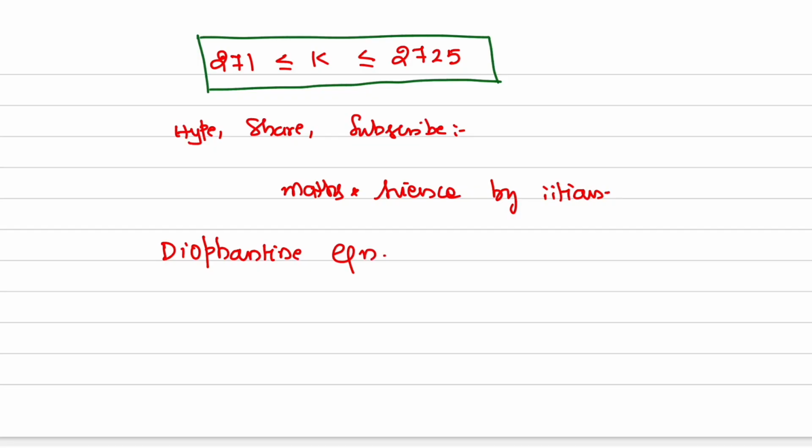It doesn't only cover the number theory concepts, it covers the algebraic concepts, it covers various concepts of numbers and algebra and inequalities.